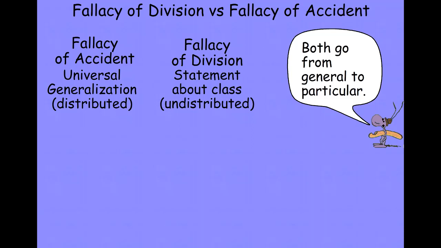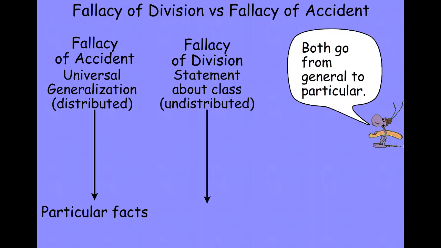So I have a mind. My car works. That painting is beautiful. These are all statements about a whole. They're collective predications. Whereas all crows are black, all sunny days are lovely, and so on. These are distributed predications. Fallacy of accident, therefore, goes from a distributed predication to a statement about a particular fact, namely some instance, some case follows the generalization.